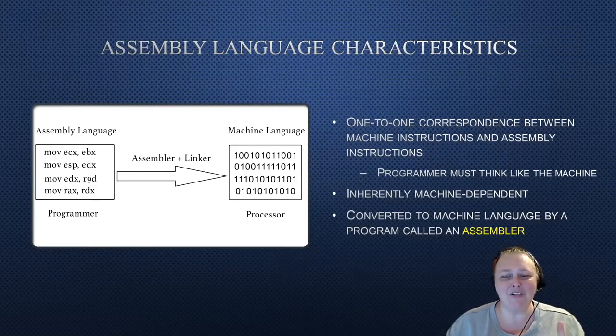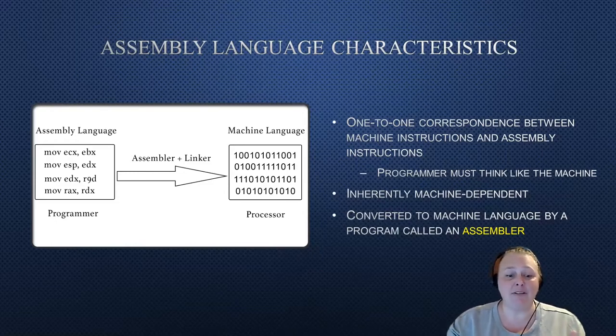But let's talk about how, with assembly language, you change those mnemonics in letters into binary. Assembly uses something called an assembler to translate those mnemonics into machine language for the computer to understand.